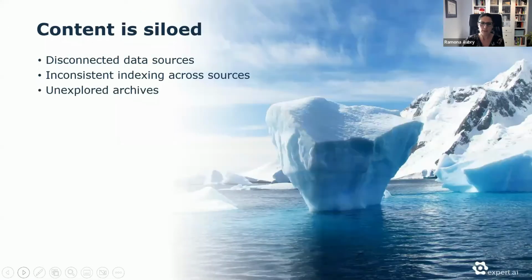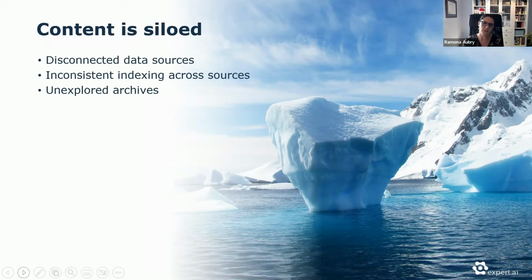Another example of the challenges that are associated with unstructured content is when we have silos, with sources that are disconnected. I gave the example before with news organizations, but it also applies to information services companies that have content that sits in different sources that are not necessarily connected.